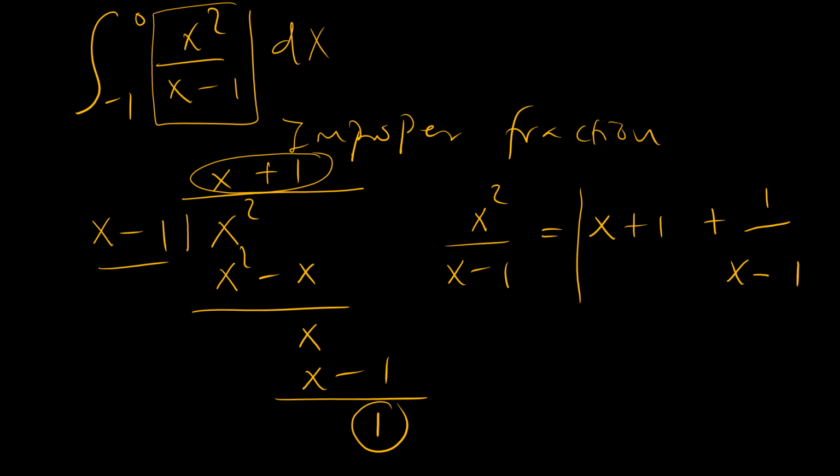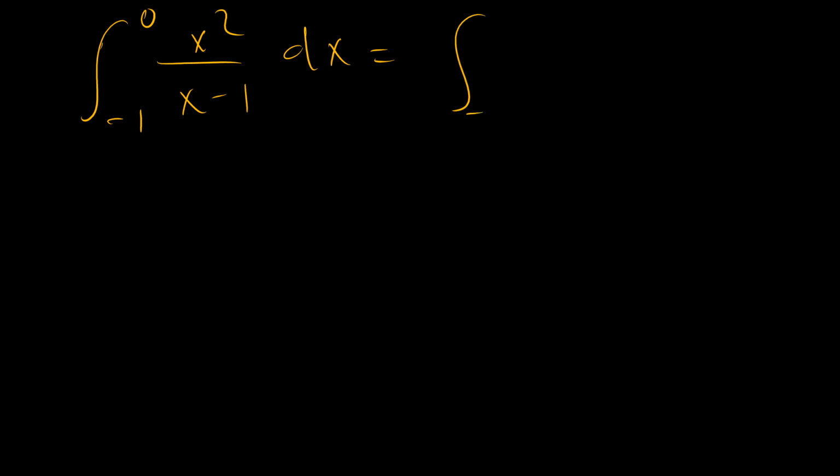So this is our new integrand, which means that our integral from x equals -1 to 0 of x squared over x minus 1 is the same as the integral from x equals -1 to 0 of x plus 1 plus 1 over x minus 1.